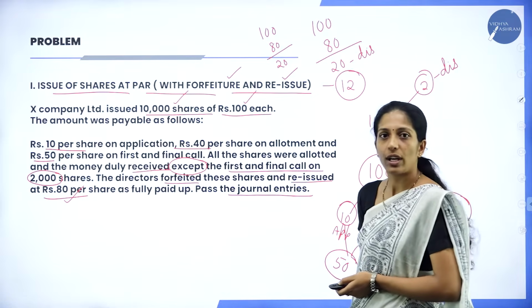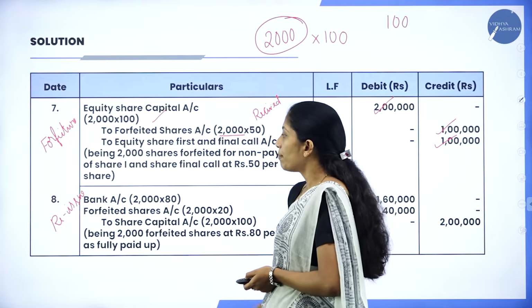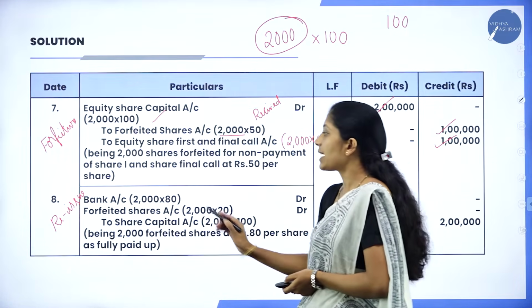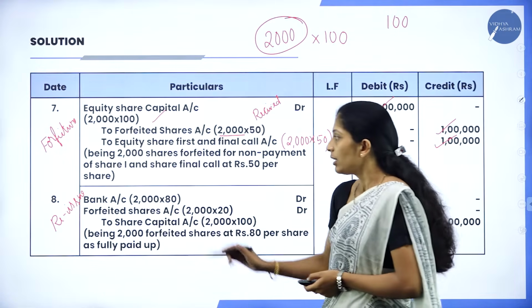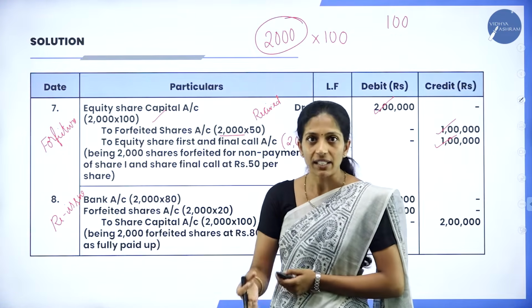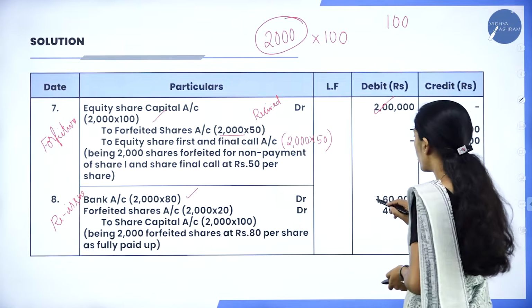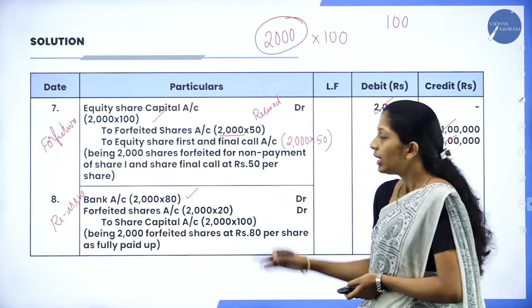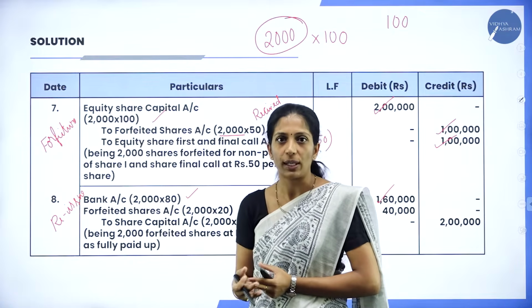So we have to record the entry for reissue. Go through the entry. Bank account debit, forfeited shares account debit, to share capital account. Now what do you transfer to bank account? At what price have they been reissued? 2,000 into 80, that is 1,60,000. Now since they have reissued at a discount, it is a loss for the business.